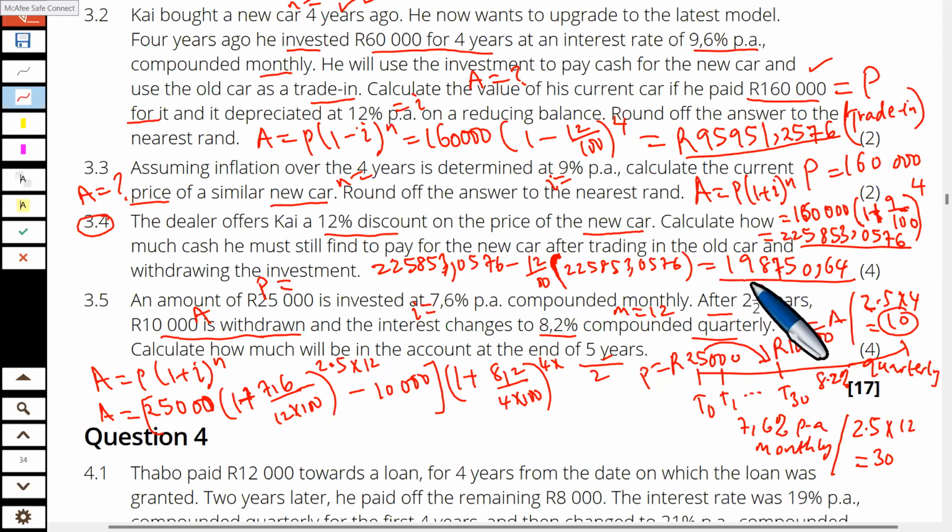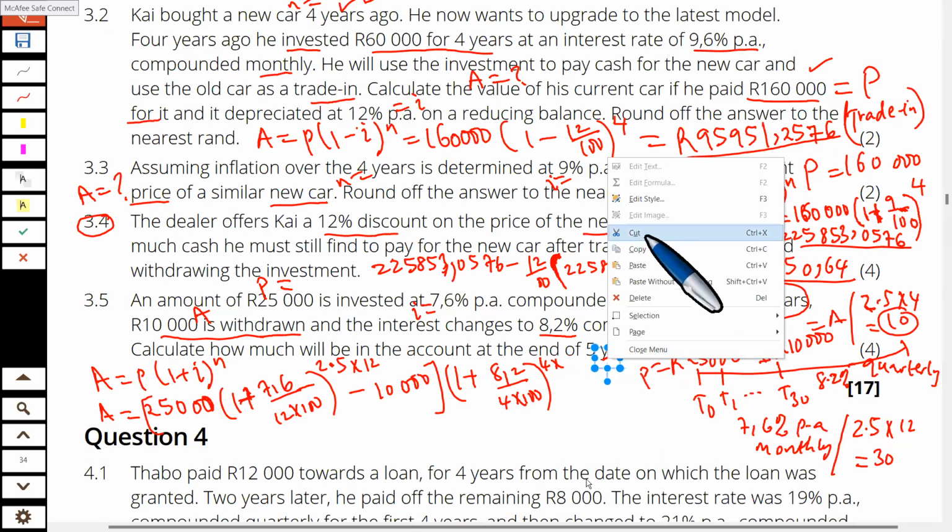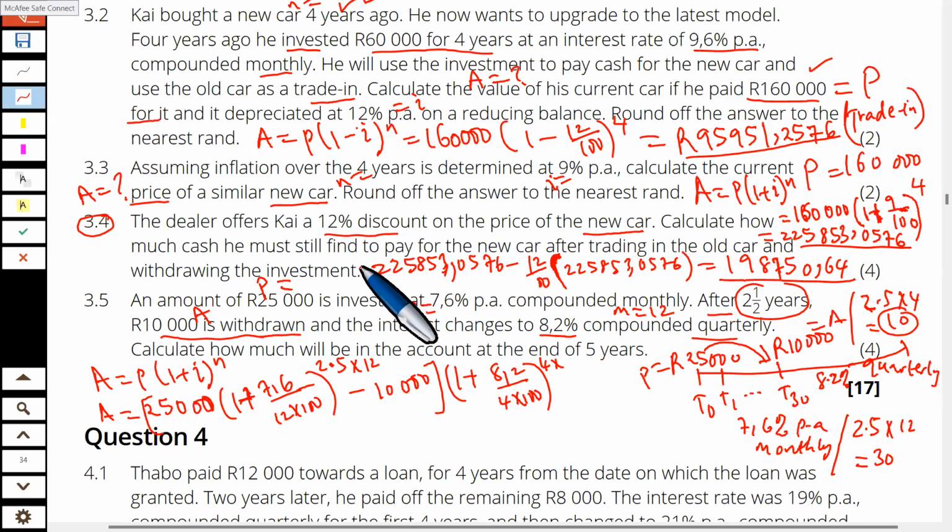You had 2.5 years in the beginning, and to make 5, you need another 2.5. So as a consequence, when you get to this now, you use your calculator.